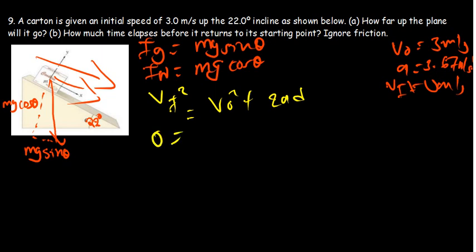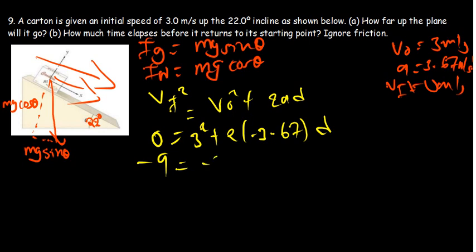The initial velocity term is 3 squared. The acceleration is negative because it was decelerating, so it's 2 times negative 3.67 times d, where d is the one we want to find. We shift 3 squared to the other side, so it's negative 9 equals 2 times negative 3.67 times d, which is negative 7.34 d.